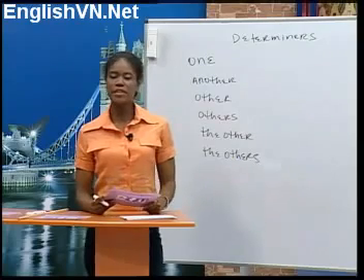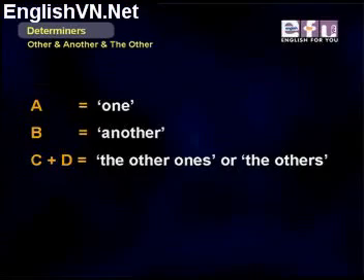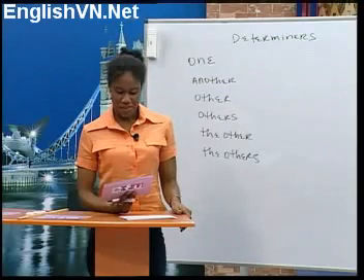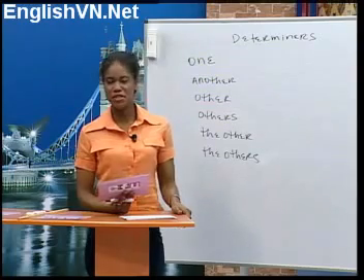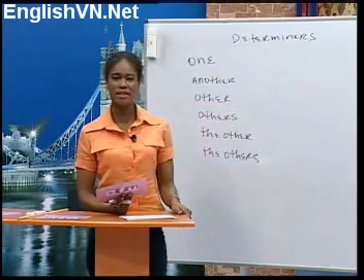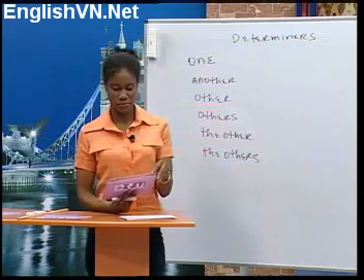We can also look at the group another way. For example, A is 1, B is another, and then C and D are the other ones or the others. Okay, let's practice using some of these determiners to talk about things in a group.